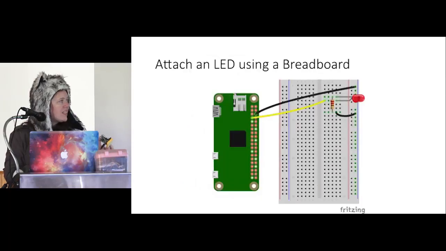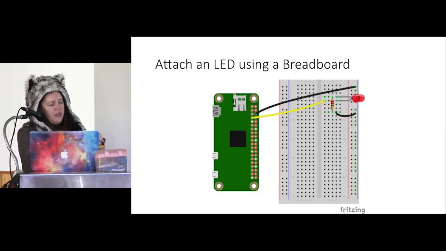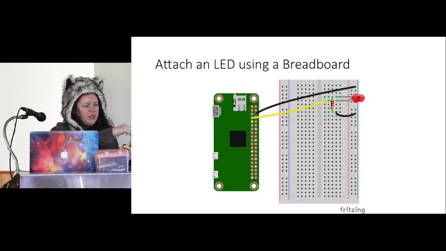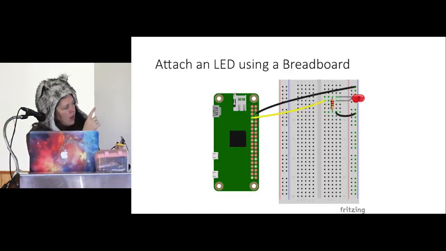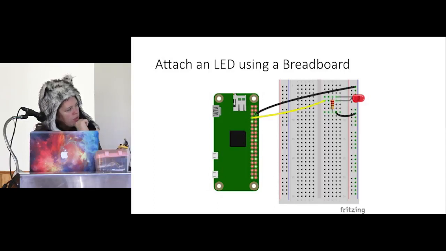So if you wanted to attach an LED, a light emitting diode, one of those very bright little lights, you would simply plug that into the breadboard, and then you need to connect your jumper wires. Jumper wires are these wires here, and they've typically got little pins on the ends. They go from the pins on the Raspberry Pi across to the LED.